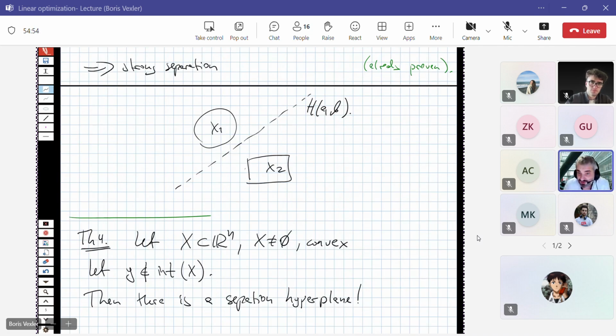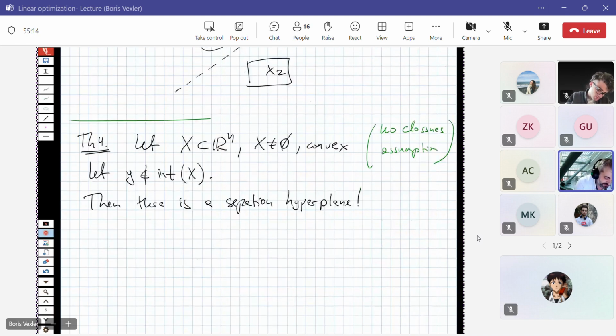What is the difference here to what we had so far? The main difference is that we have no closedness assumption. Okay, X is now just convex and non-empty. We do not assume that it is closed. Okay, let us prove this theorem.